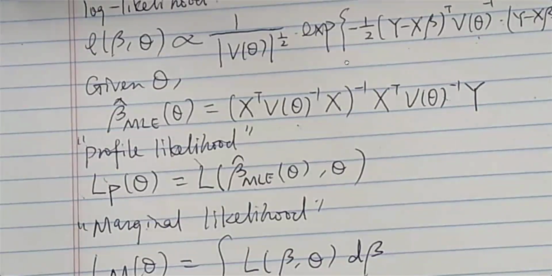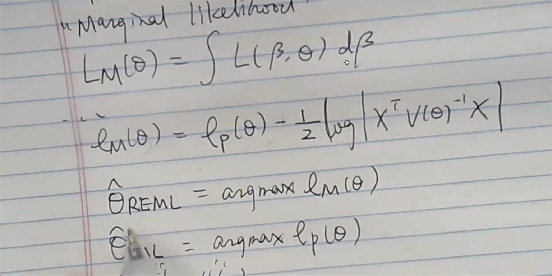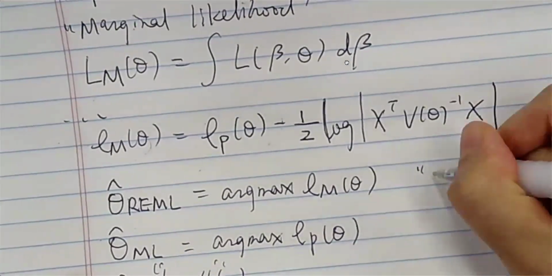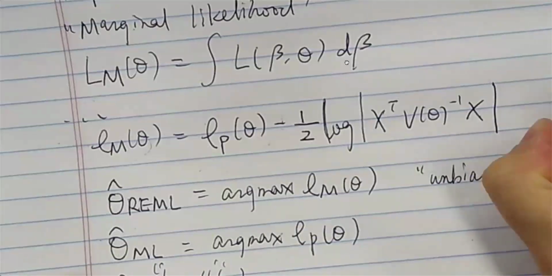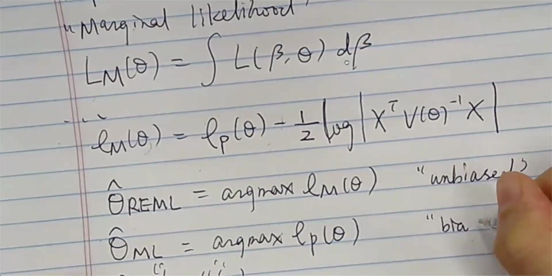And let me see if I made a mistake. Interestingly, sorry, I think I made a mistake. I should clarify. Actually, this REML one is unbiased instead of biased, while the ML one is biased.